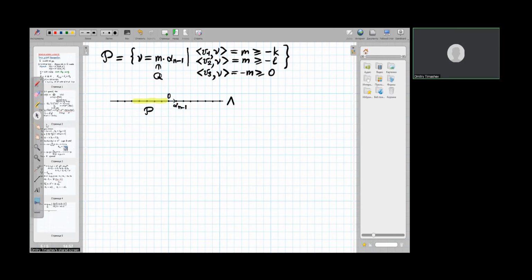And the left limit for this segment will be, of course, minus the minimum of k and l.